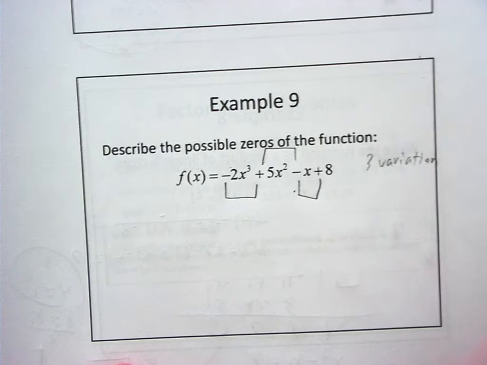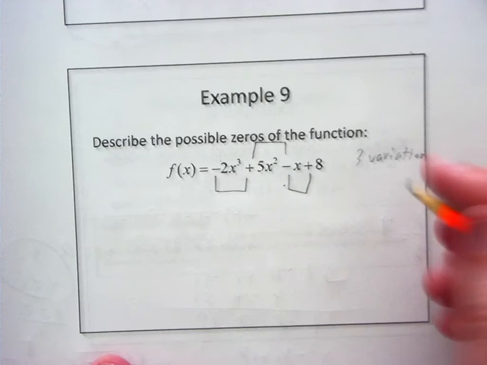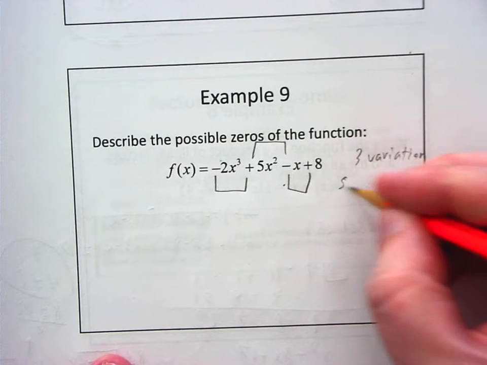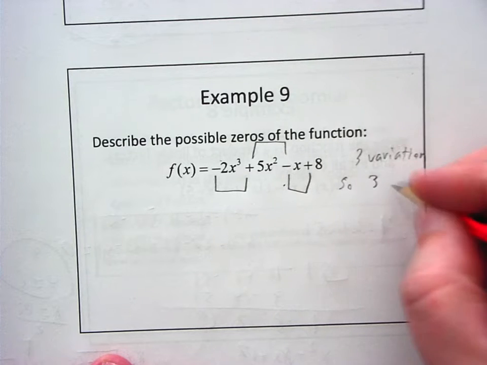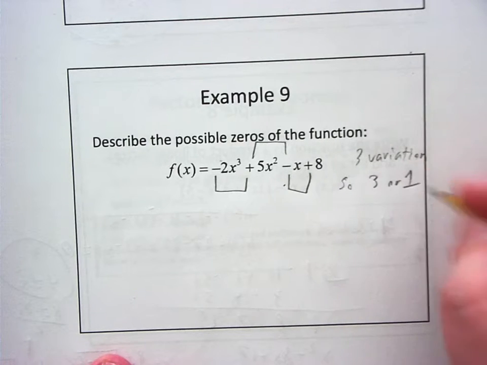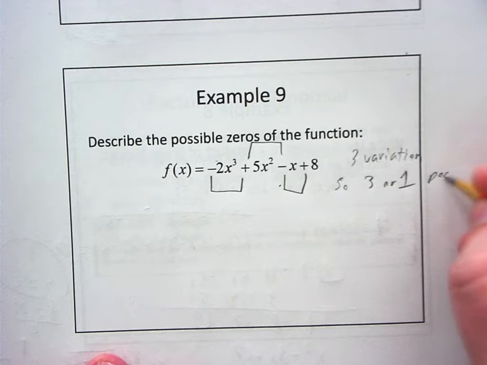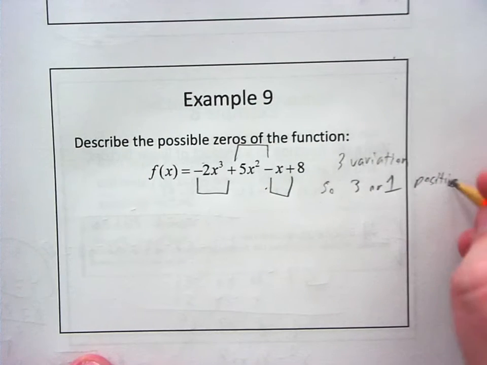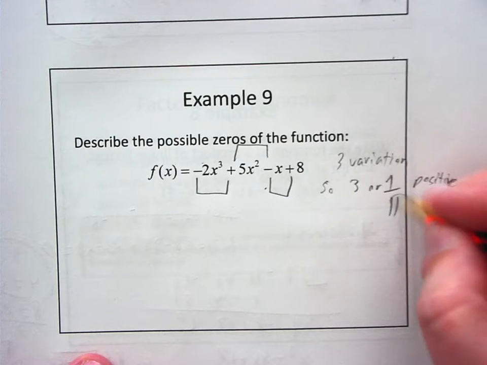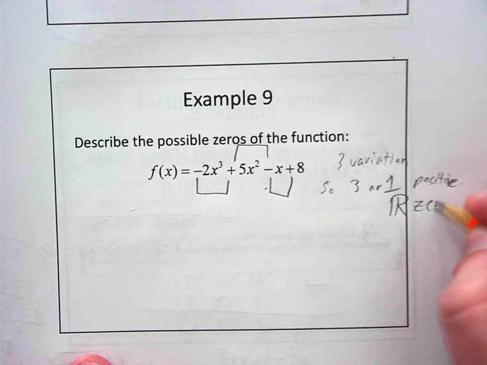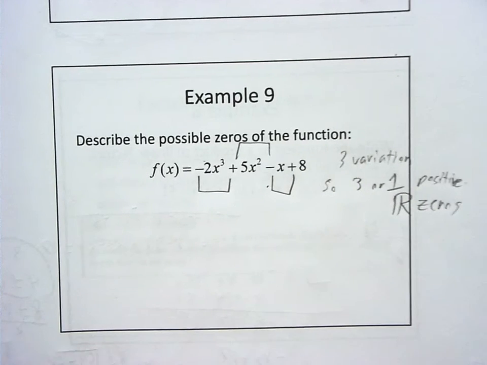So that means 3 or 1, I should say, positive real zeros. So it either has 1 real zero or 3 real zeros.